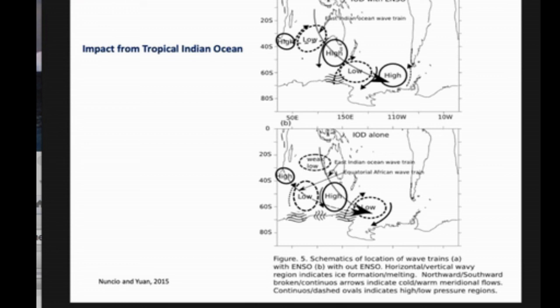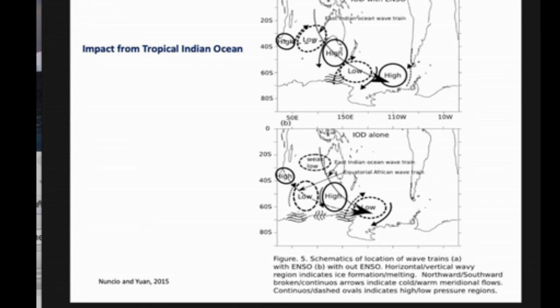The Indian Ocean wave train joins the Pacific wave train and makes the same high in here when they have 3 poles for tropical Indian and the Pacific. But if we look at the Indian dipole only without the Pacific ENSO signal, this wave train propagates more close to the Indian Ocean coast and generates anomaly circulation that impacts the CS anomaly.